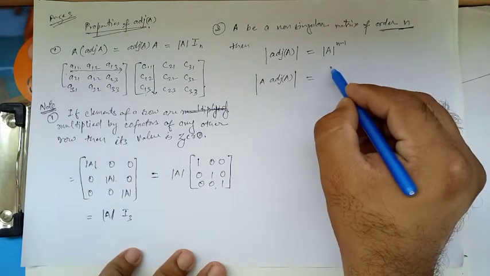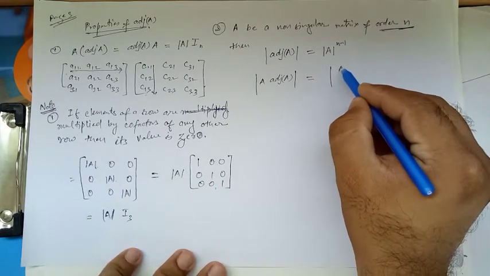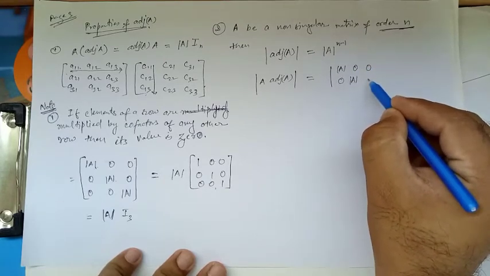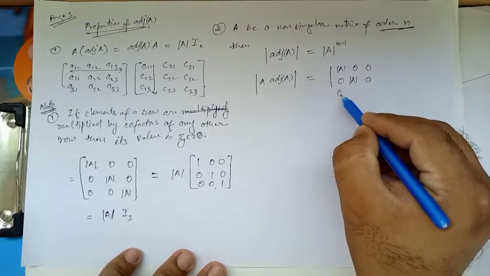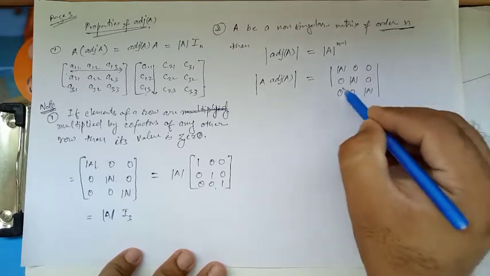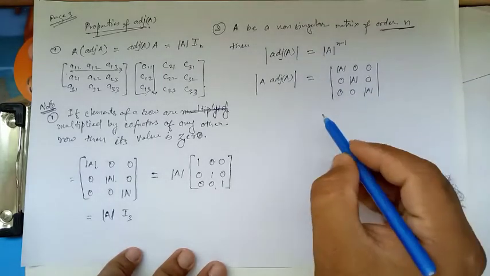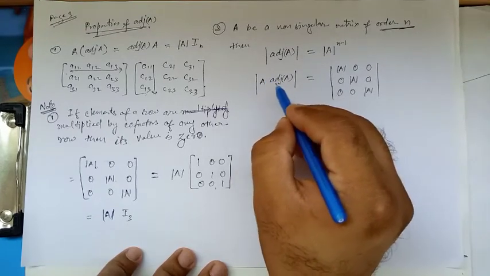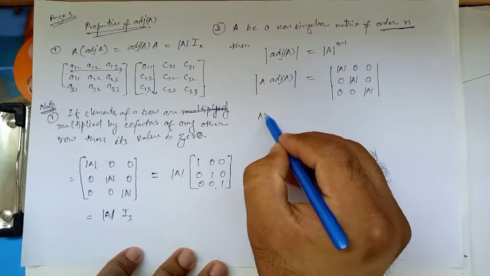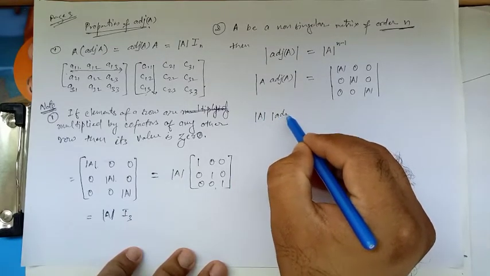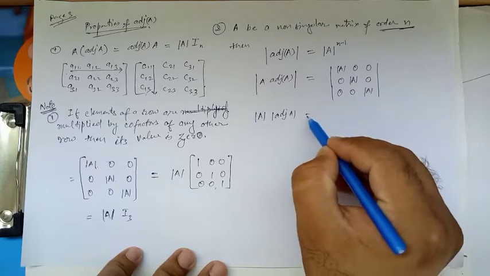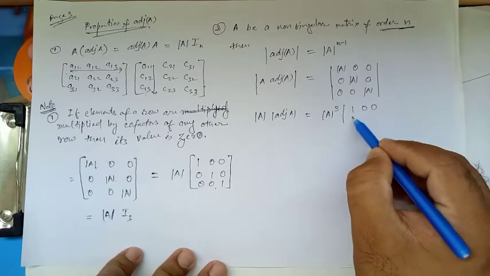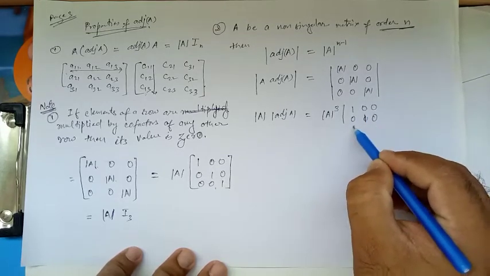So directly I am writing this: determinant of A, 0, 0, 0, determinant of A, 0, 0, 0, determinant of A. So while taking common, definitely this will become further we can write this as determinant of A to the power 3, and this is 1 0 0, 0 1 0, 0 0 1.